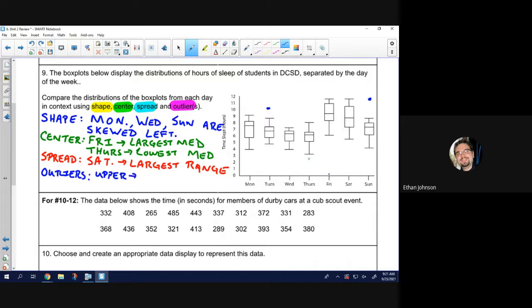So we have uppers on Tuesday and Sunday. And we have lower, looks like on Thursday and on Friday.